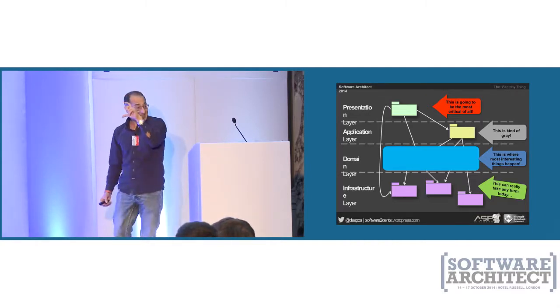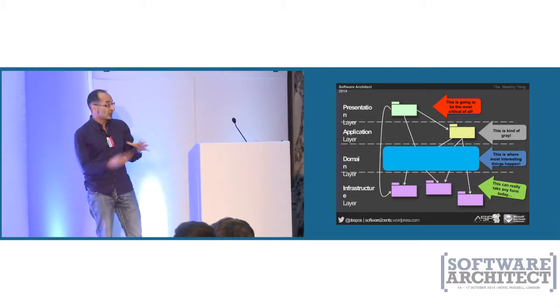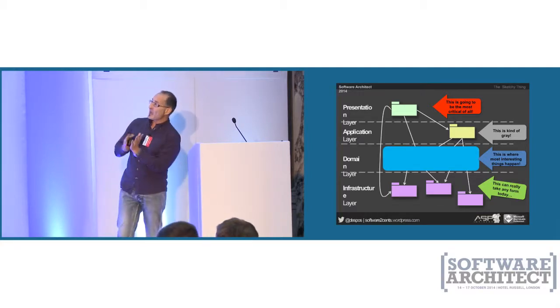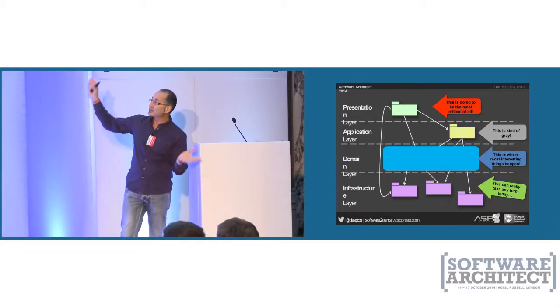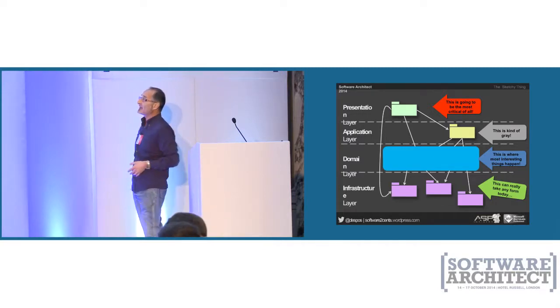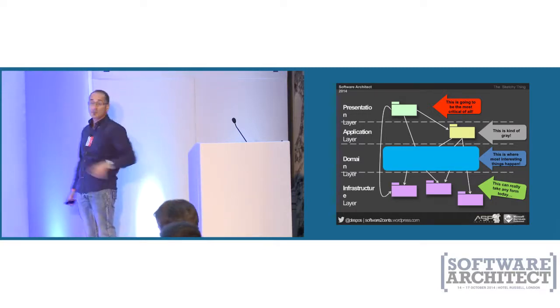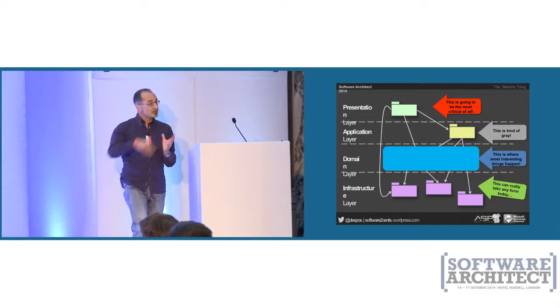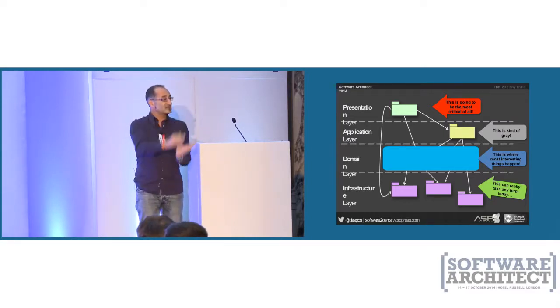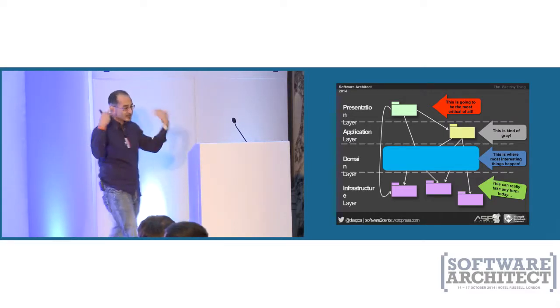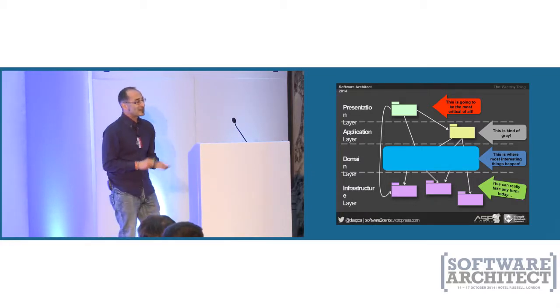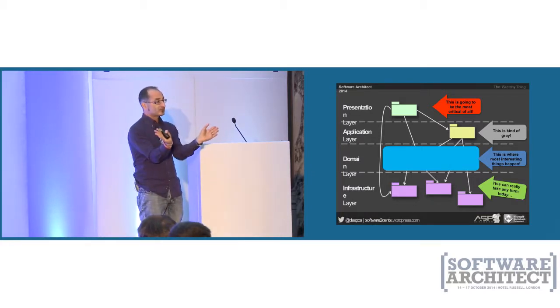The business tier that we knew for years now was split in two parts, the application layer and the domain layer. They are two phases of the business logic, because we got to understand that actually the business logic is made of two parts.